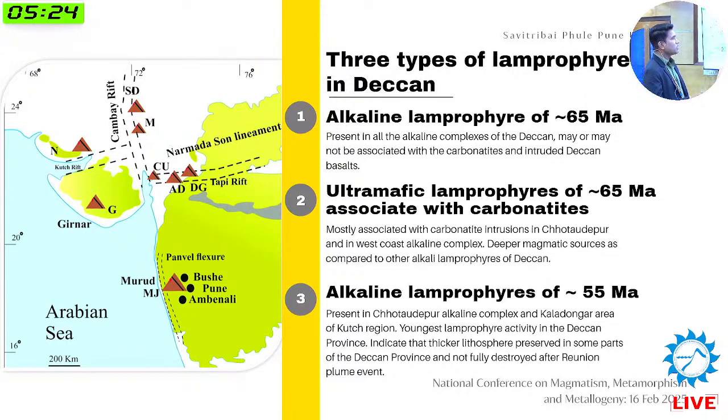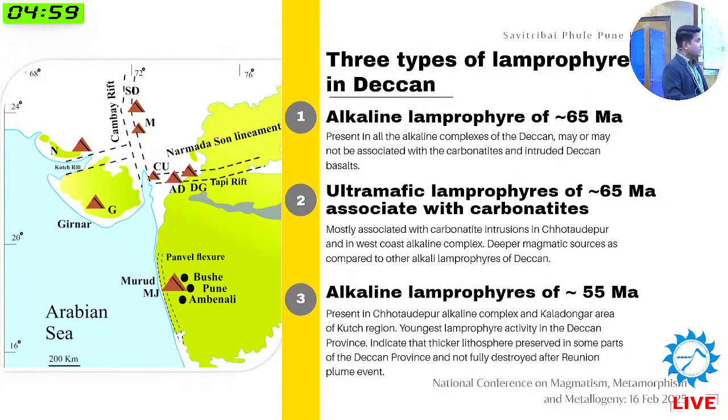They are present in all the complexes of the Deccan and may or may not be associated with carbonatites. Others are ultramafic lamprophyres of 65 million annum age, associated with carbonatites like in the West Coast alkaline complex as well as in Chhota Udaipur. Then we have alkaline lamprophyres of 55 million annum age, mostly present in Chhota Udaipur as well as in the Kala Dungar, Kutch region.